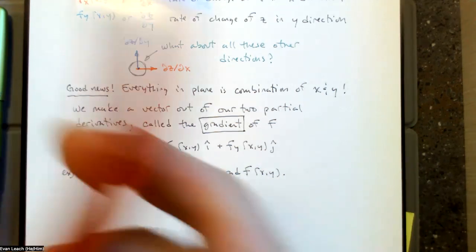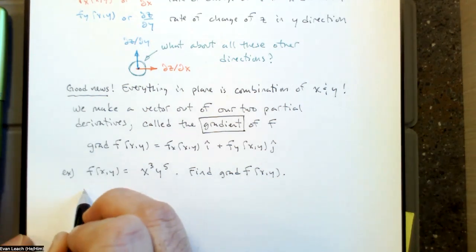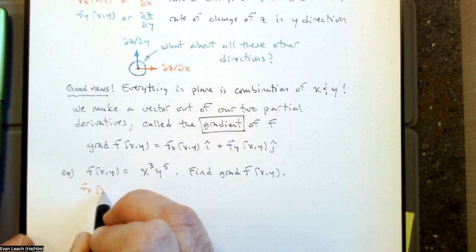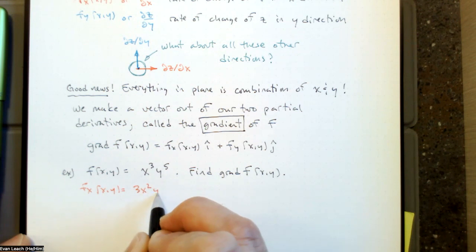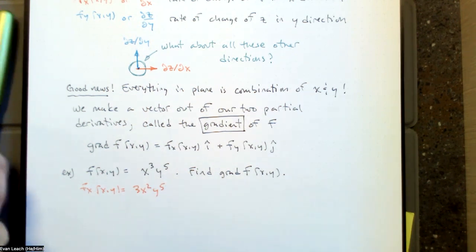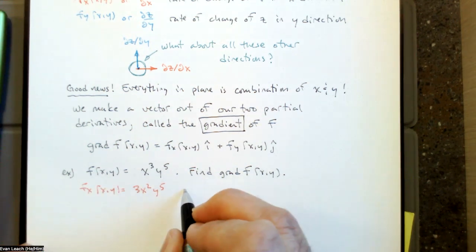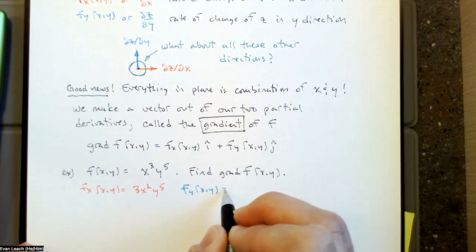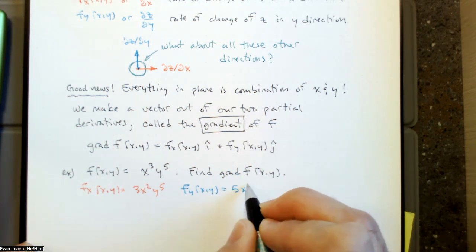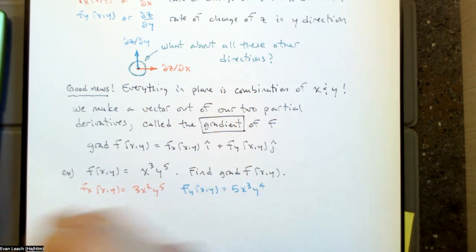For the gradient, we need two first partial derivatives, fx at xy is going to be 3x squared y to the fifth. And fy at xy is going to be 5x to the third y to the fourth.